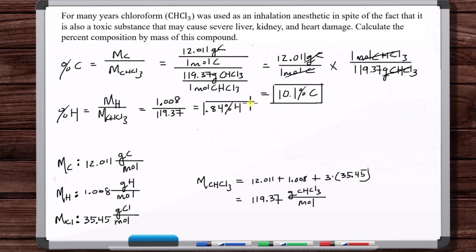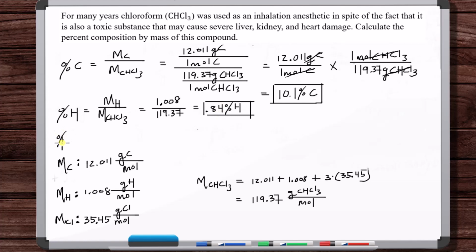So that's interesting. Hydrogen is so light. As far as just by atom, hydrogen would be 1 to 5, the ratio of hydrogen atoms to all the atoms in the molecule. 1 to 5, right? Because it's 1 part hydrogen to 4 parts everything else. But as far as by mass goes, it's only 0.84%.